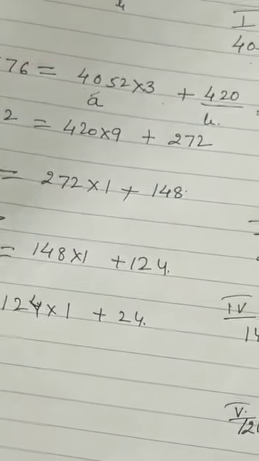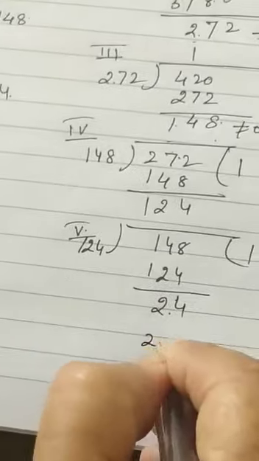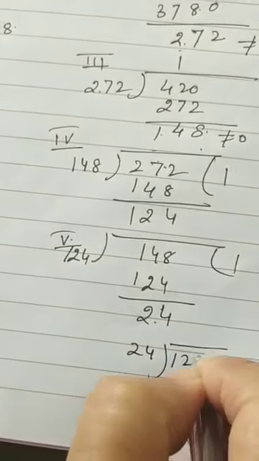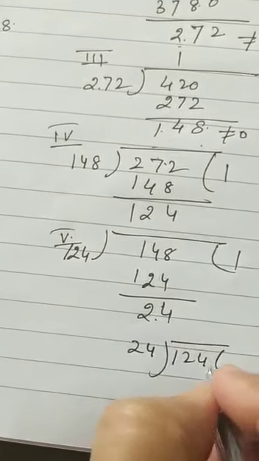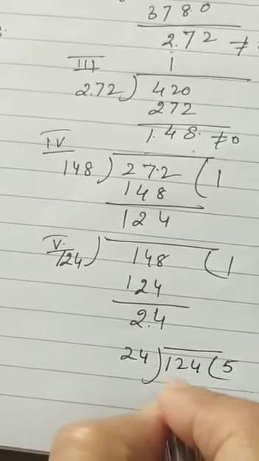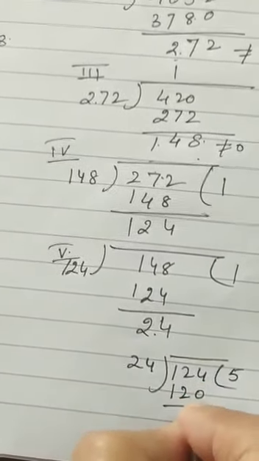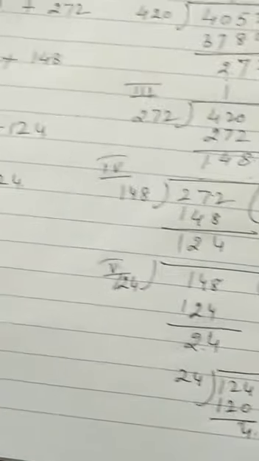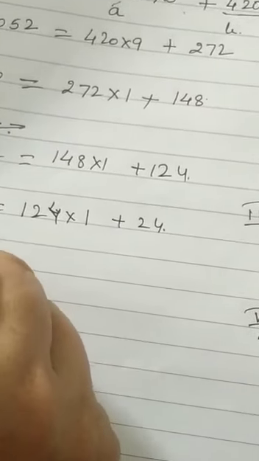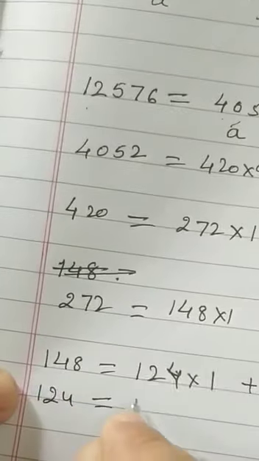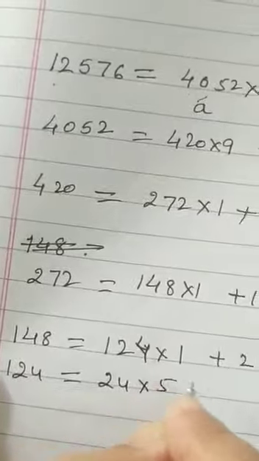Sixth step, similarly, is 5 times. 124 is equal to 24 into 5 plus 4.